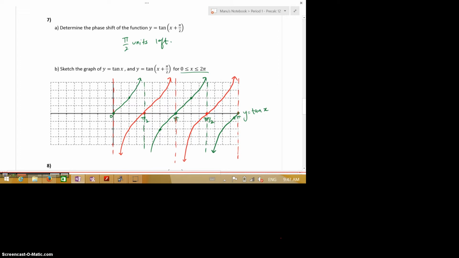So your new graph is going to look something like that. And the key idea is I'm not changing my domain, I'm just filling in the gaps. Whatever extra happened to the graph, I'm going to do that.